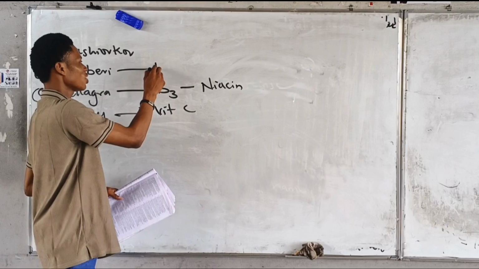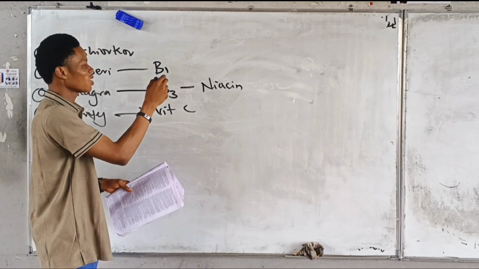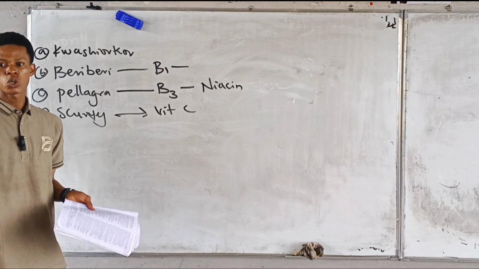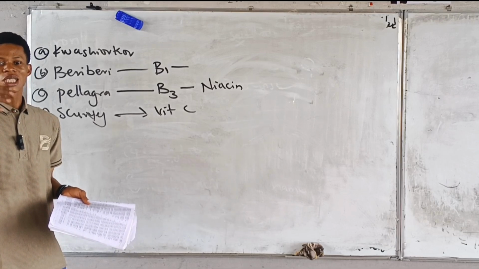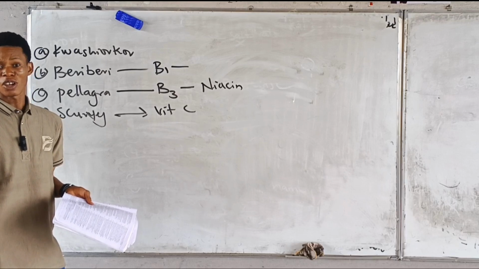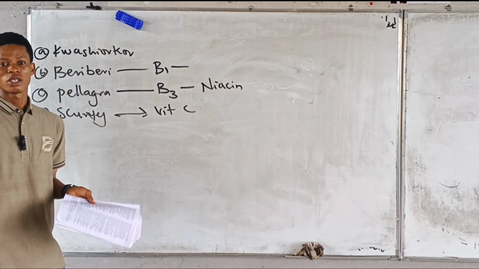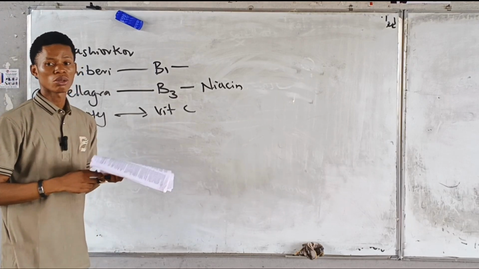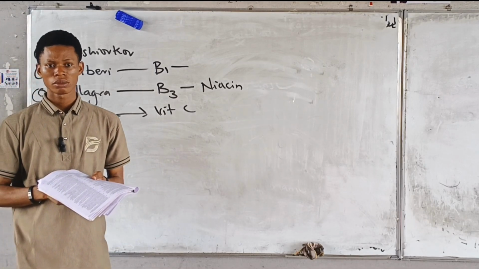Vitamin B1. You're just guessing B something. Don't just say vitamin B, because we have vitamin B1, B2, B3, B5, B6, B7, B8, B9. We don't have B10. B12, which is cyanocobalamin. You're supposed to know the name of all of them.